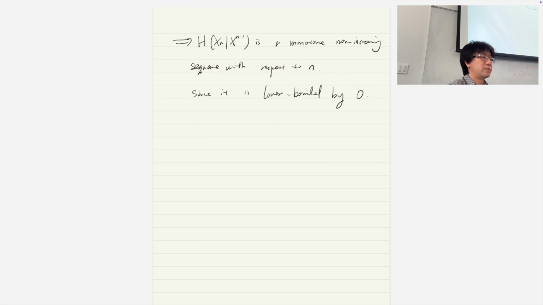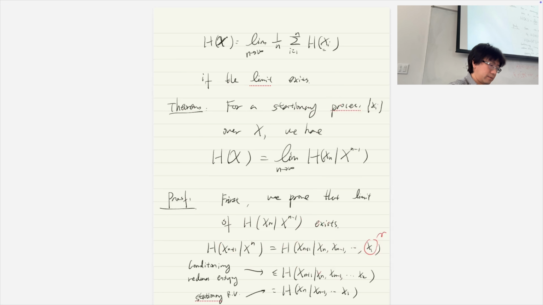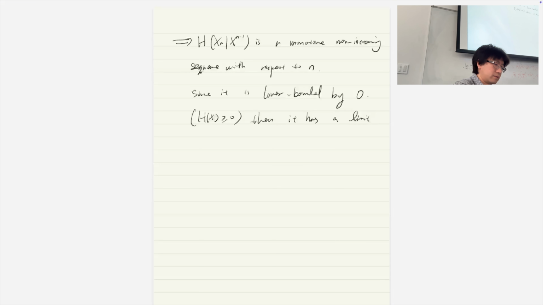Exactly, lower bound at 0. And then we say the limit exists, it has a limit. This is the first step. From next class, we're going to introduce the second step, to show this limit is actually the entropy rate.